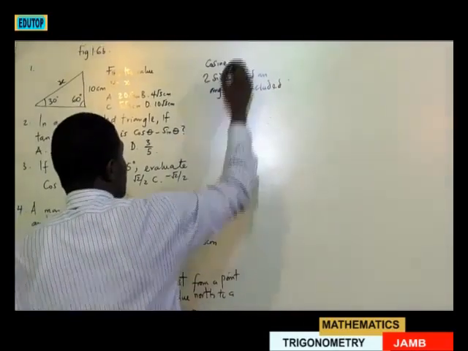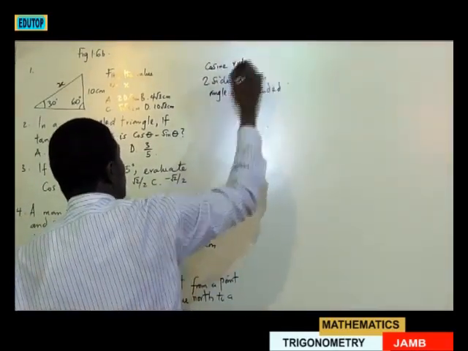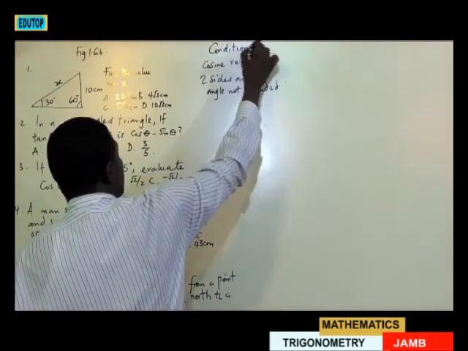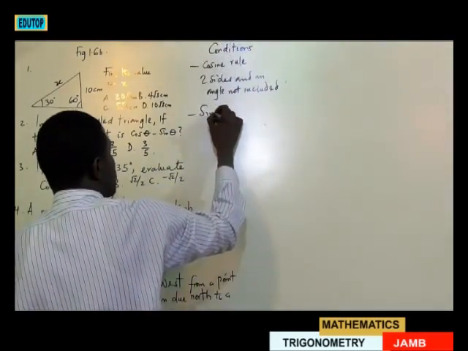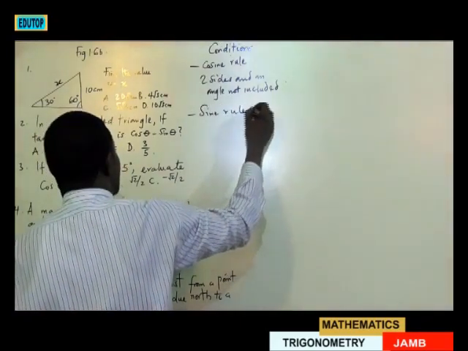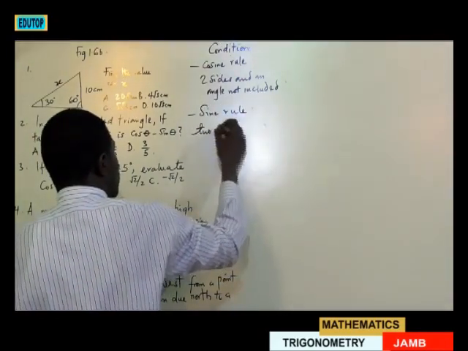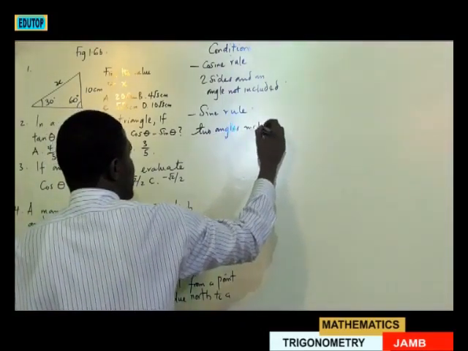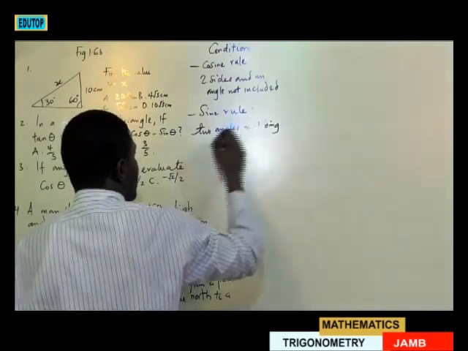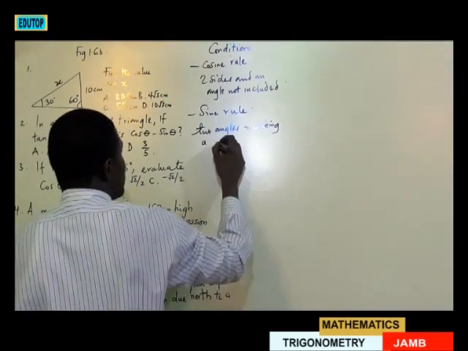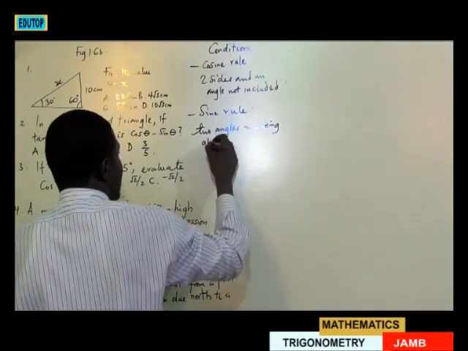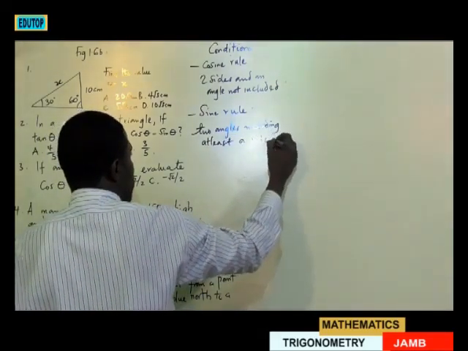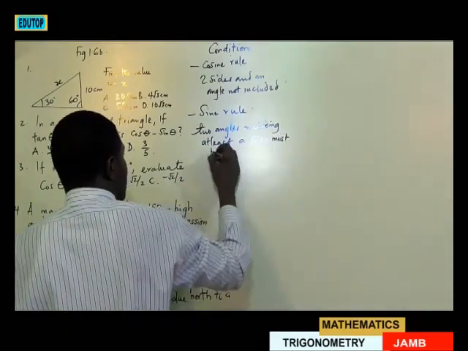Then the condition for using the sine rule is that two angles including at least a side must be given.